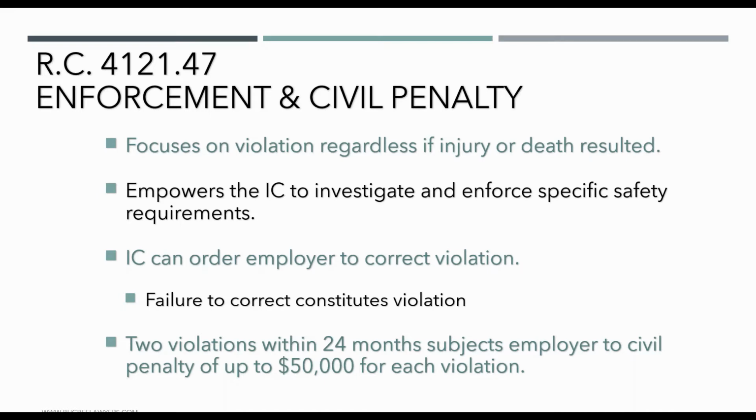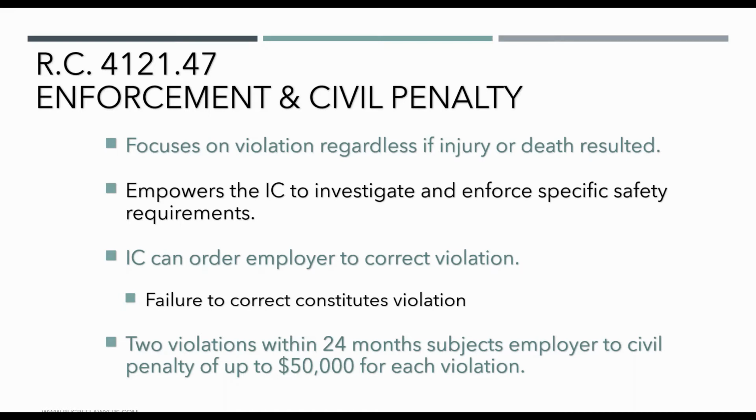So if you have a violation and the commission determines that, well, you didn't put those guards on that press, so you violated a specific safety requirement, but in this claim that we're hearing, the claimant was injured because the claimant tripped over the base of the press, i.e. it had nothing to do with the violation.